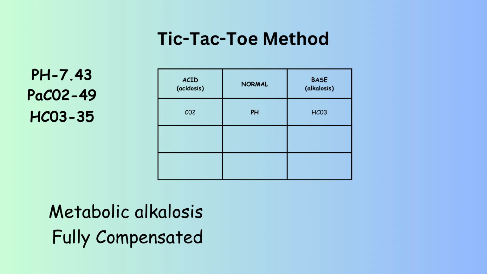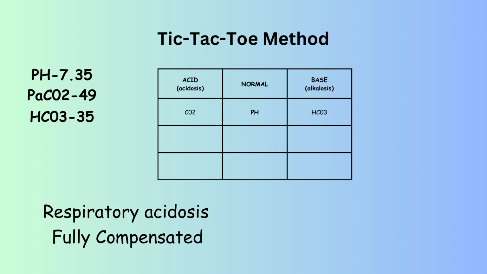And then we have HCO3 of 35, which is alkalosis. So here we are dealing with metabolic alkalosis, but fully compensated because the pH here is within the normal range. The pH leans more on the alkalosis side, and that is why we're saying it is a metabolic alkalosis that is fully compensated.